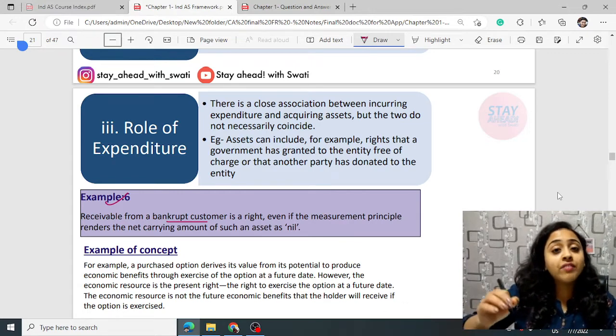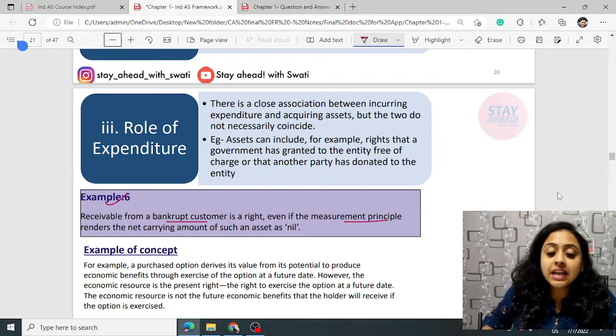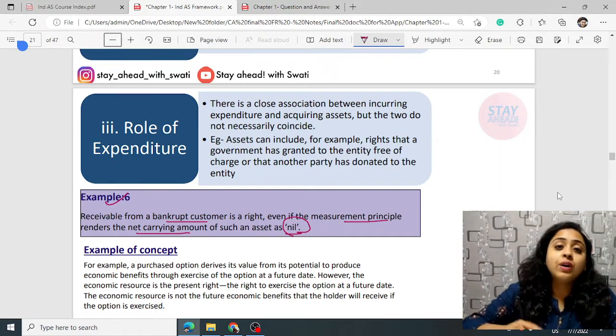Okay, you have a right to receive from that entity, but since that entity is bankrupt, you might receive no penny from it. So even if the measurement principle renders that the net carrying amount of such an asset is nil, even though you will receive nothing, or a negligible amount, still you have a right to collect from there.